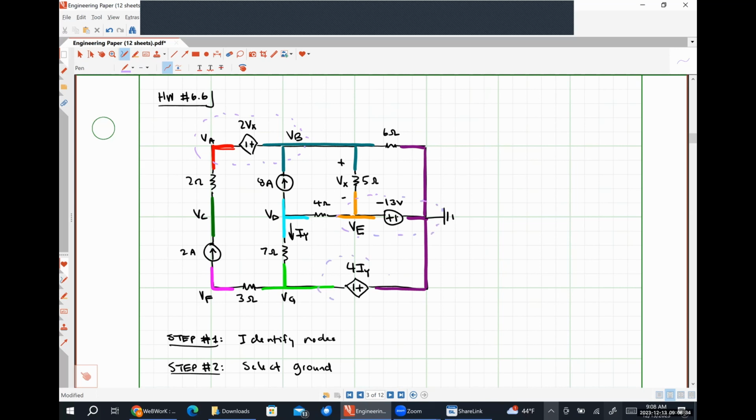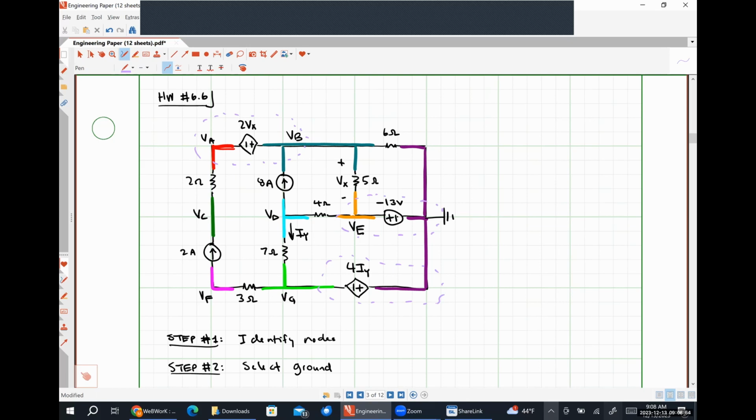And I'm going to have a supernode here between G and ground. Realistically, I could combine supernode E and ground and supernode G and ground into a super duper node, if you want to call it that. But it's not going to remotely matter because it contains ground, so we don't have to write a KCL equation.